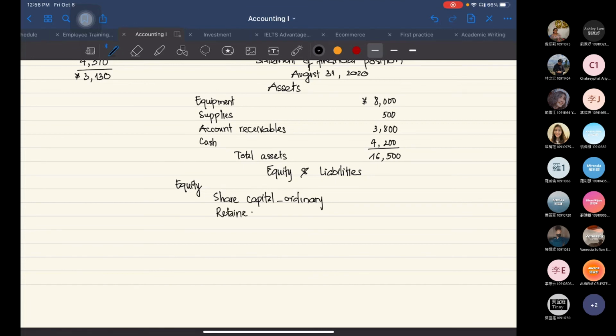You will learn it later, maybe introduced in accounting 1 and really learned at the end of accounting 2. This one, 4,000. This one, 7,230. Okay, get the number here: 11,230.